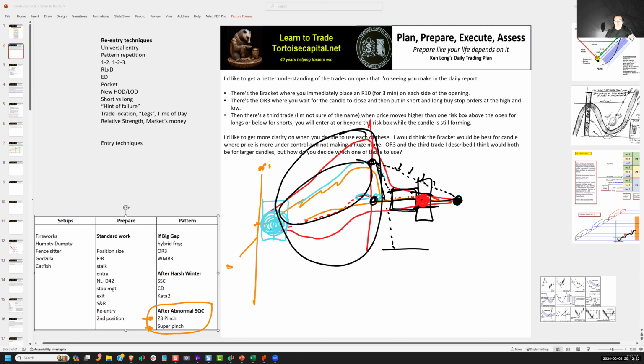That would be wonderful if that was also an MMRB or two MMRBs or usually an R5. I can now take that as a Z3 pinch, and now I can play the breakout from here or the breakout from there.